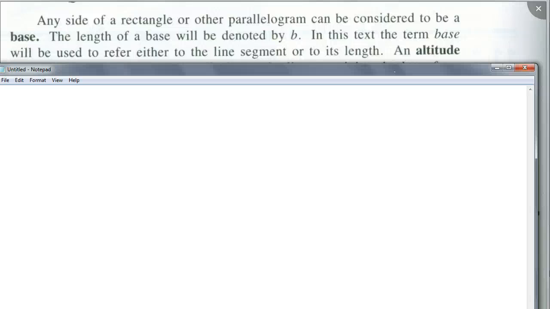What's an altitude of a rectangle or parallelogram? How do you think we're going to define this? Okay, Tony, what do you think? Well, it's the distance between the line opposite of the base and the base, the distance between them. Yes, and how are we going to measure the distance? A perpendicular segment is exactly right. So write this down.